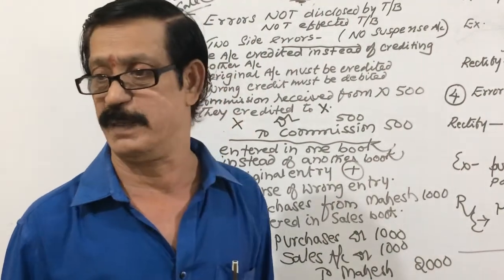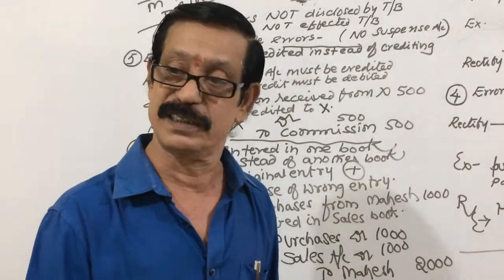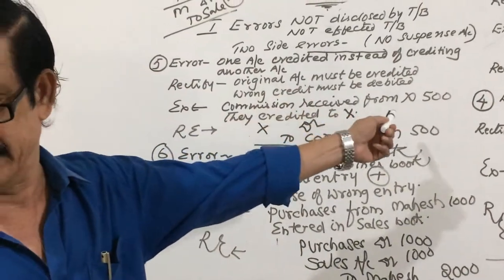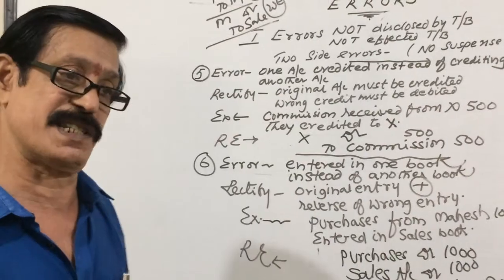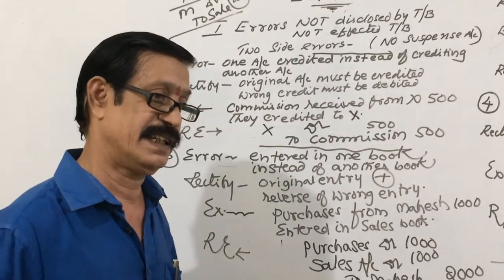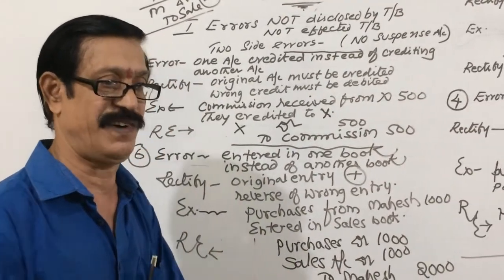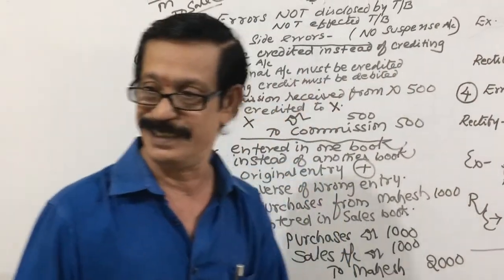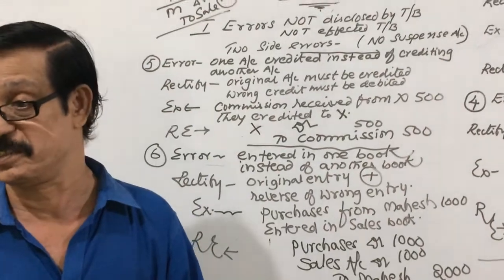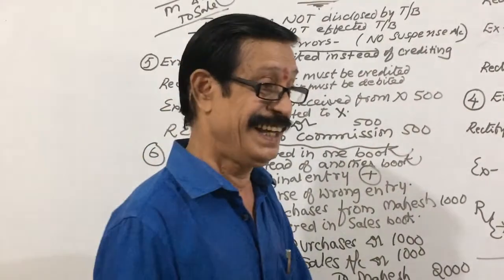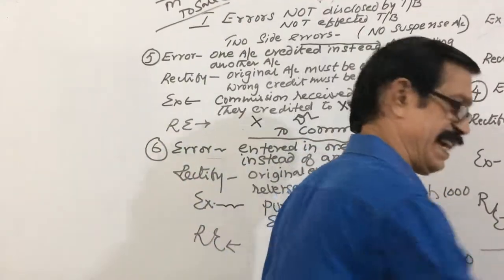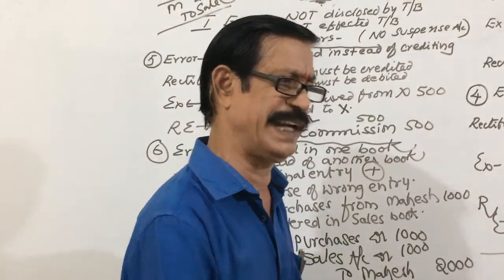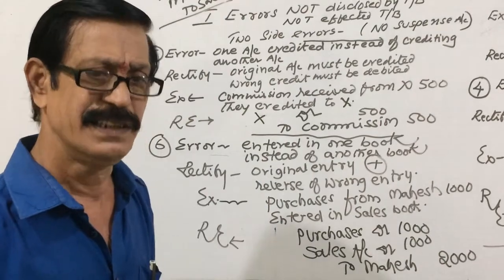The original account must be debited. What they debited wrong, that must be credited. Here also, original account must be credited. What they credited wrong, that must be debited. Here, entered in one book instead of another book. Why? Because there are 8 subsidiary journals, you know: purchase book, sales book, purchase returns book, sales returns book, and so on. Instead of taking the purchase book, we have taken the sales book and entered just the name only.